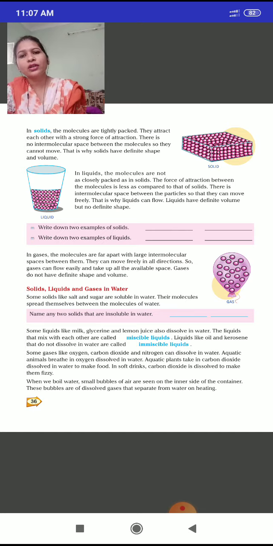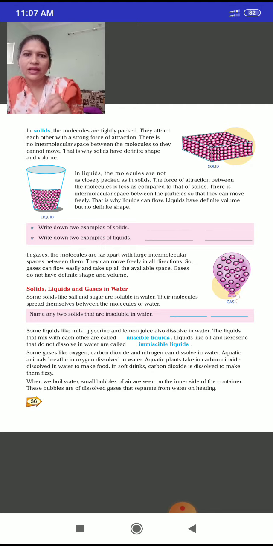That's why the molecules in a liquid can move freely. They are loosely packed, and that's why liquid can flow. When you pour it on the floor or anywhere, it flows. It is not stable like a solid.